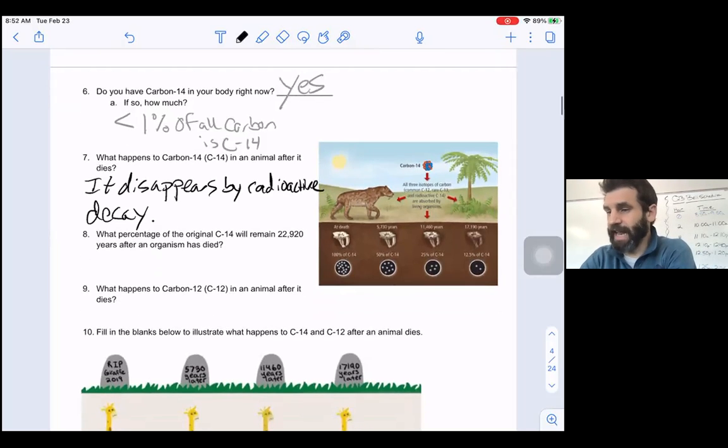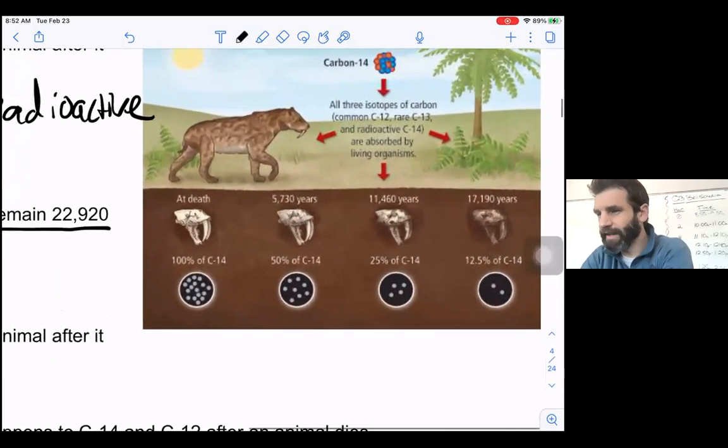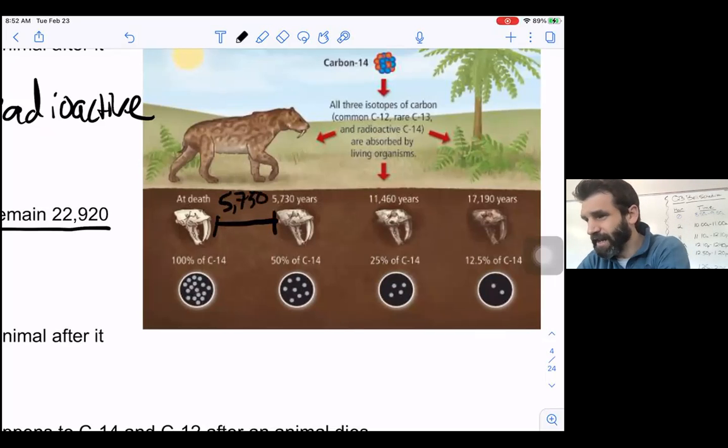So what percentage of the original carbon-14 will remain 22,920 years after an organism dies? So this stretch right here is 5,730 years. This stretch right here is 5,730 years. This stretch right here is 5,730 years.